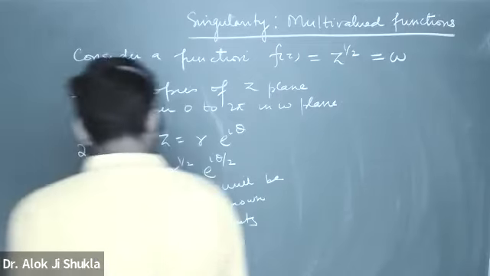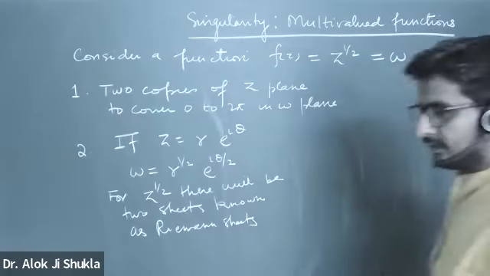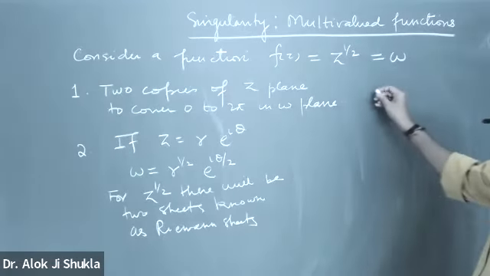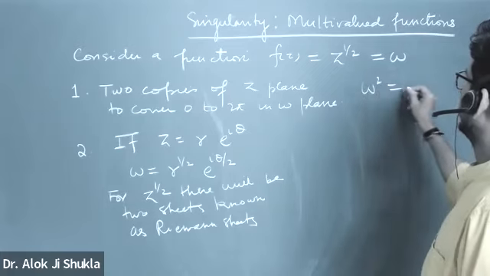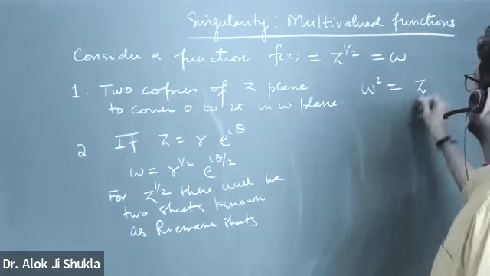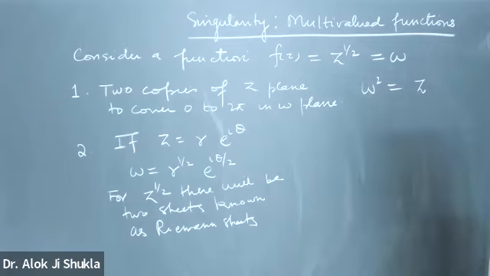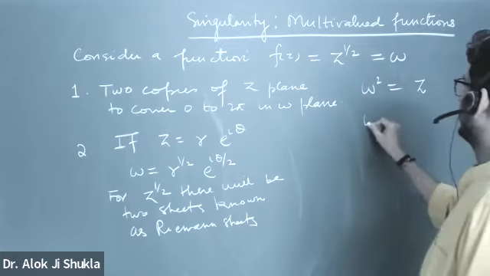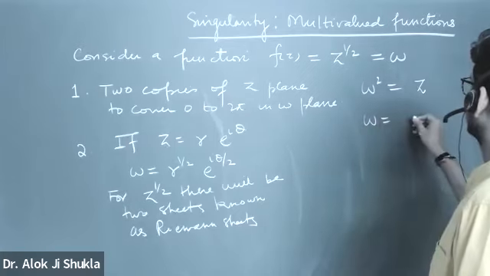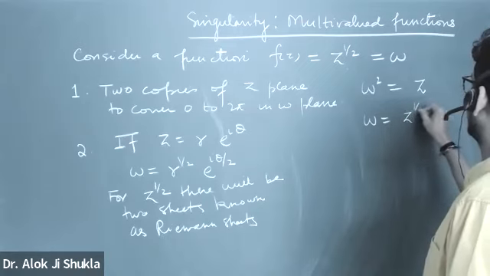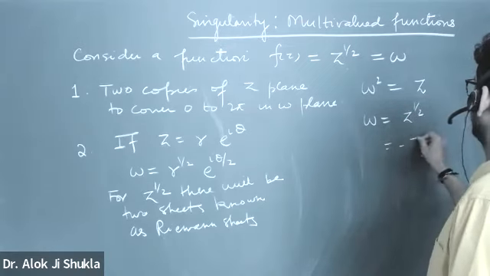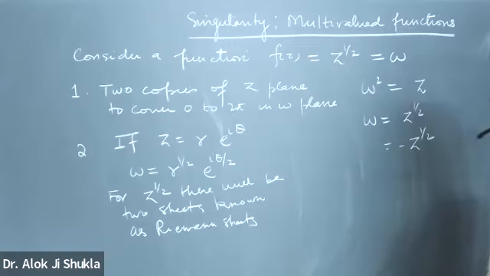So with all this, if you write omega square is z, then if I return from here, I will find that omega is z to the power half and minus z to the power half.